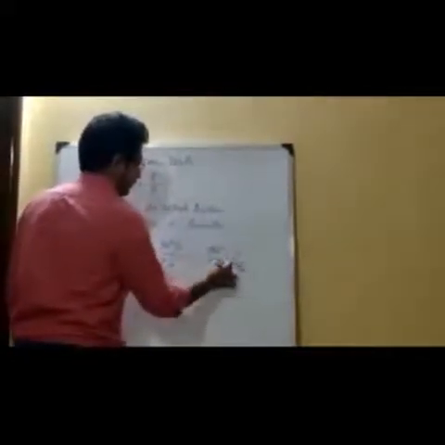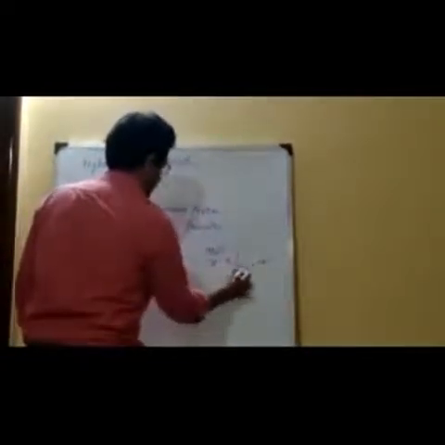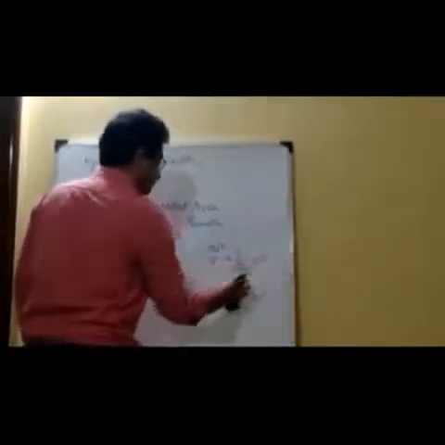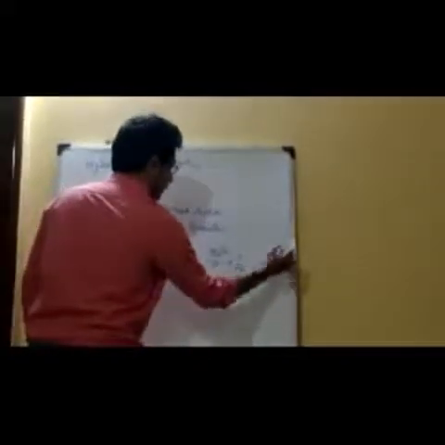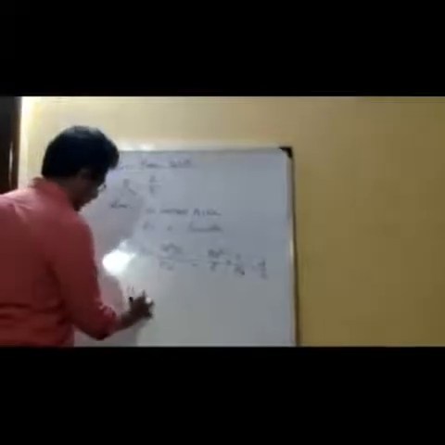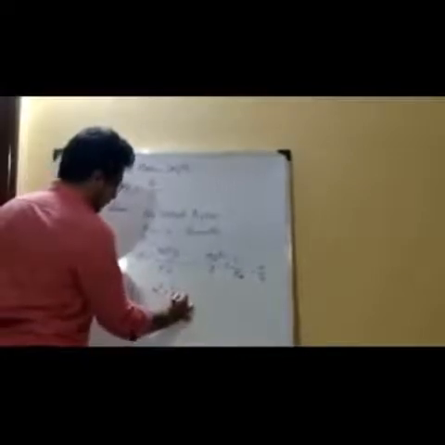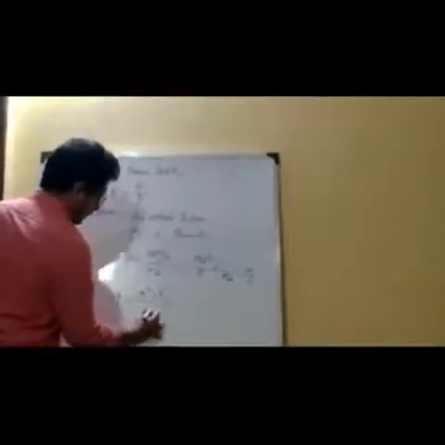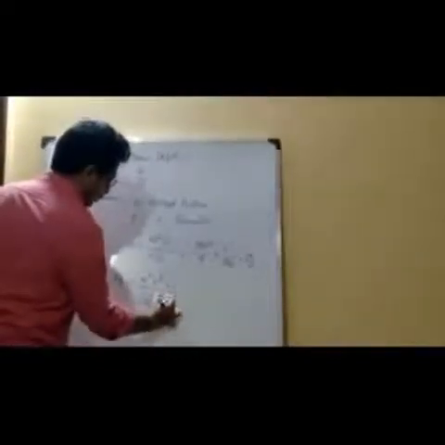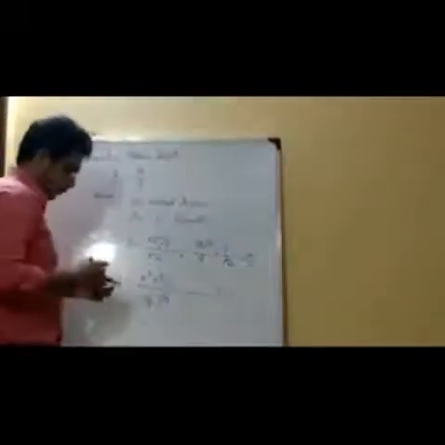That means d by 4. So in that case, Manning's formula will be HL equal to m square v square L by d by 4 whole to the power 4 by 3. Suppose this equation is 1.